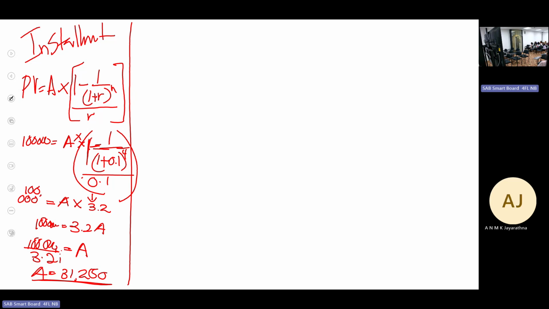Okay, did you all get the same answer? Installment? What's the answer then? Final answer? What is the answer for the annuity factor? 3.16.